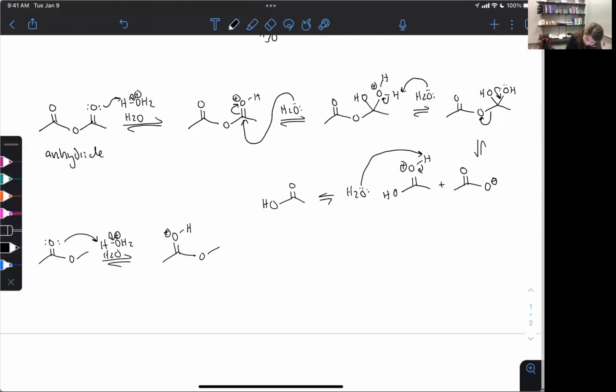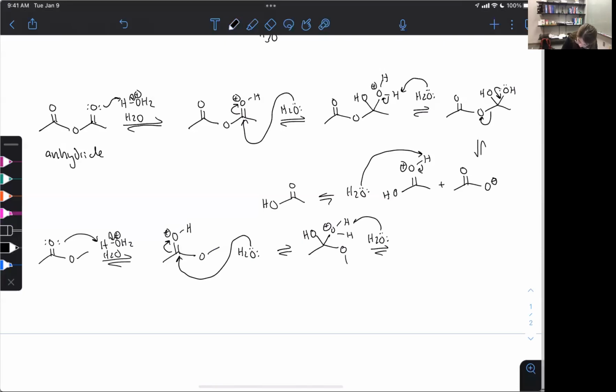Then we're ready to have water come in to do its nucleophilic attack. So we're going to attack there, push electrons up, just like our other carbonyl reactions. Okay, we get to our charged intermediate. Go ahead and deprotonate that with our base.